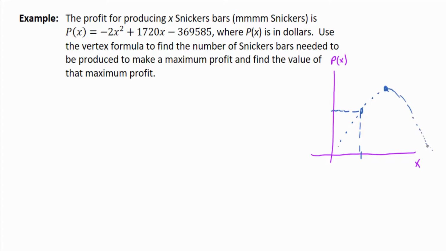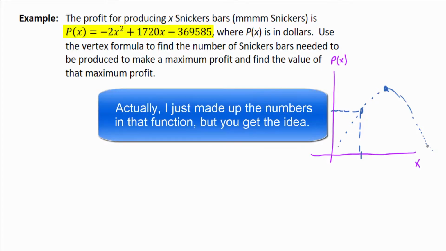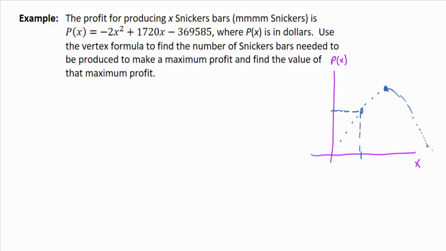Because your cost per bar is going to remain the same, and if you produce too many bars, you're going to be spending more and more money, and it's going to take away from your profit. And the curve is going to look parabolic, isn't it? So we want to produce just the right amount of Snickers bars. And maybe from past data, you know that function is a fairly accurate formula that gives you the profit. This would be based on data collected over the years, right?